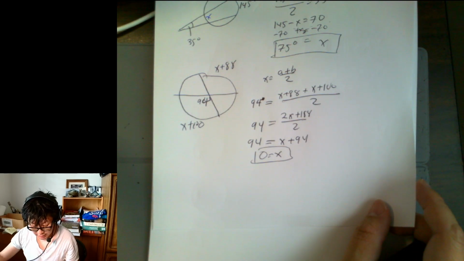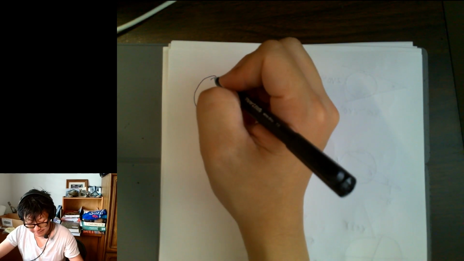Let's look at another example. So you will have to be careful and make sure that you read the problems carefully. You could be given a problem that looks like this.